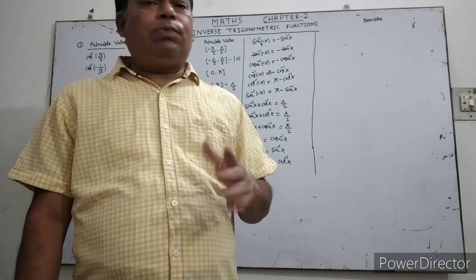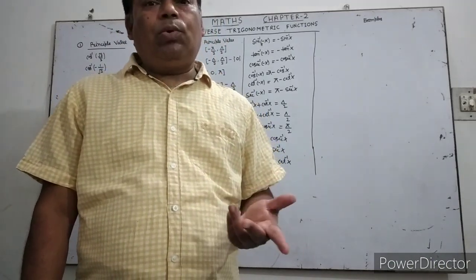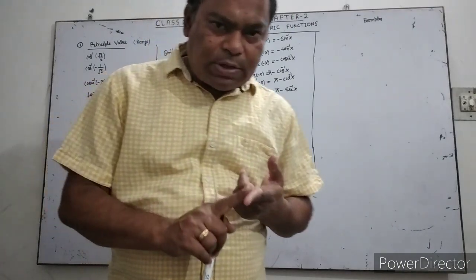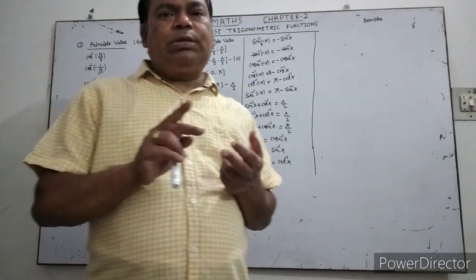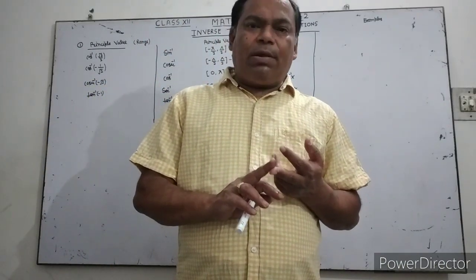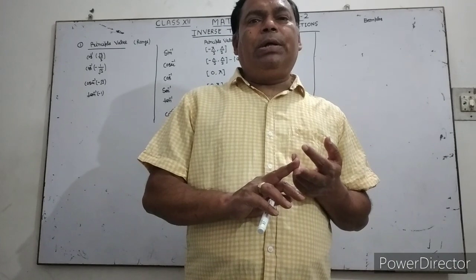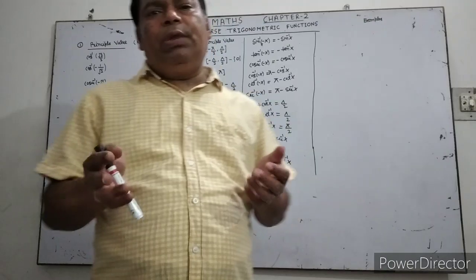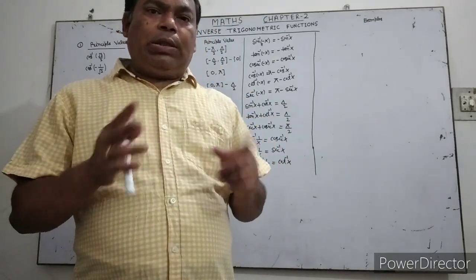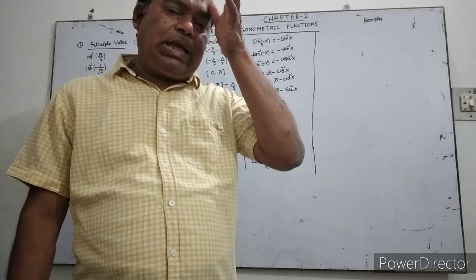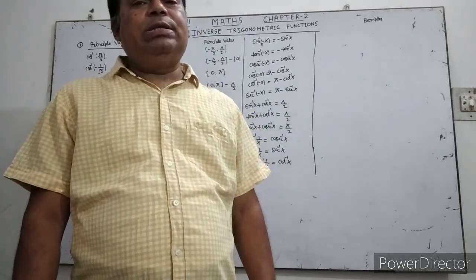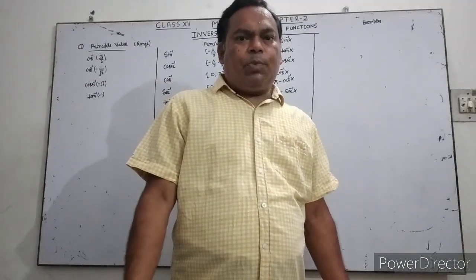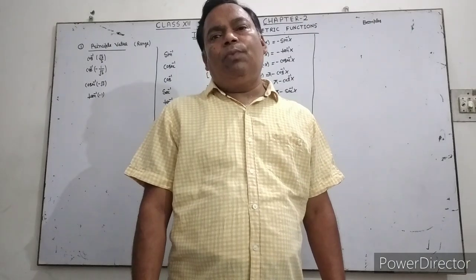What is the range of the sine function? -1 to 1. What is the range of the cos function? -1 to 1. You know the range of the sine function, the cos function, and the tan function. What is the range of the tan function? -infinity to infinity, and this is an open interval. Then this is the range of the tan function. The range of the sine function is -1 to 1, and the range of the cos function is also -1 to 1.